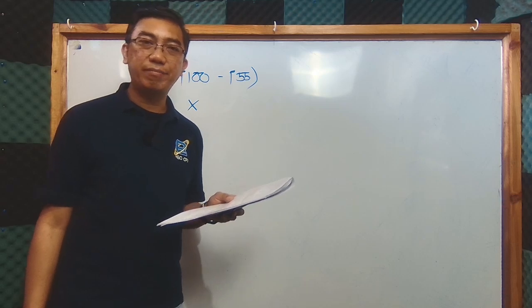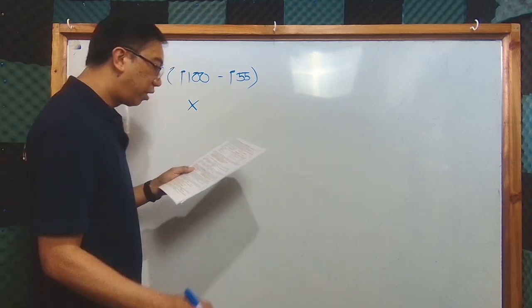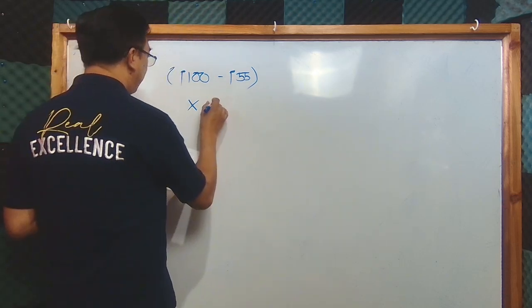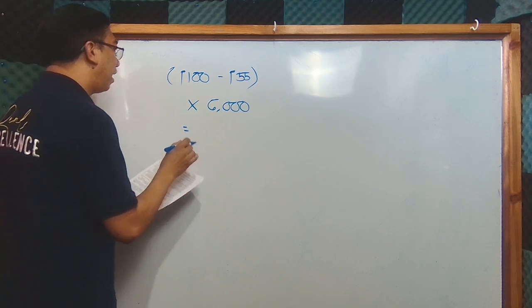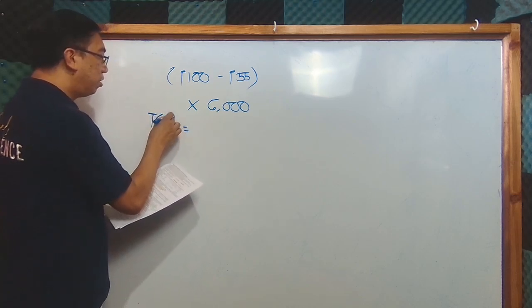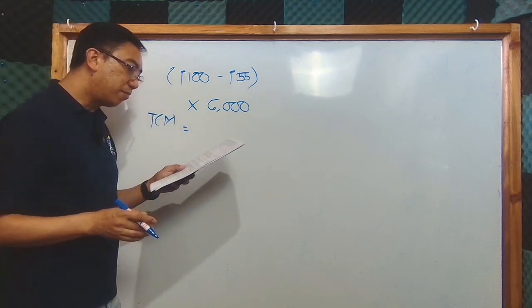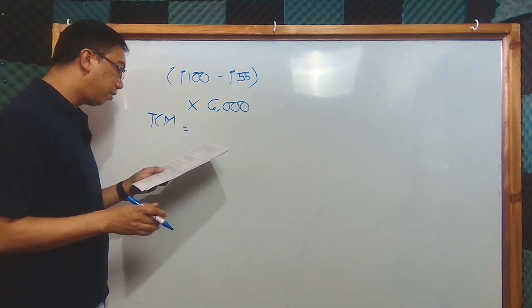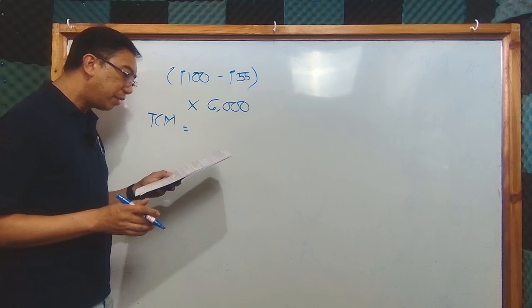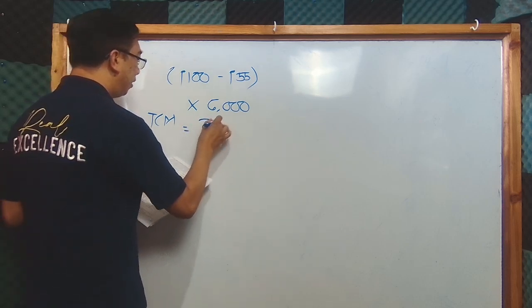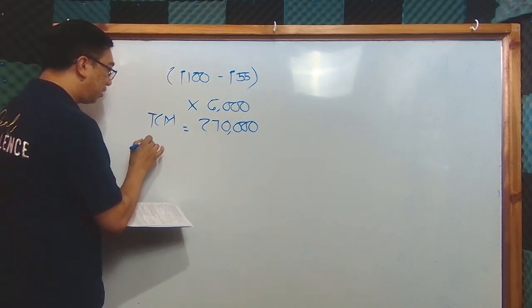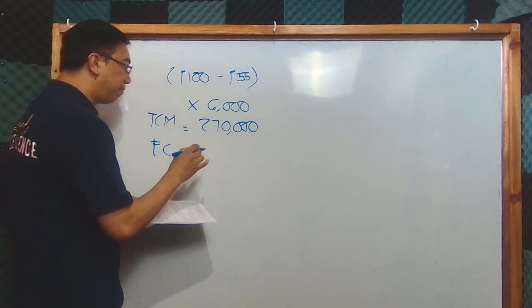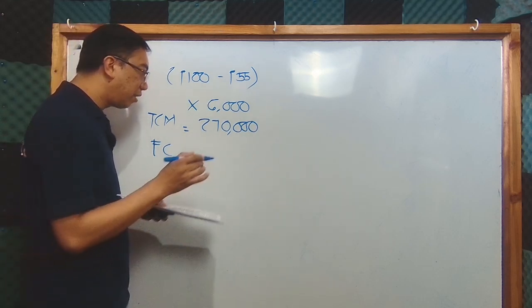So, 4,000 times 150% will give us 6,000. Okay, times 6,000 units. So, class, pag sinimplify natin to, that's total contribution margin. So, total contribution margin should be equal to how much? That should be 270,000. Okay, 270. Then, all you have to do is to deduct your fixed cost, less the fixed cost. Magkano ba fixed cost natin? Given to us at 150,000.